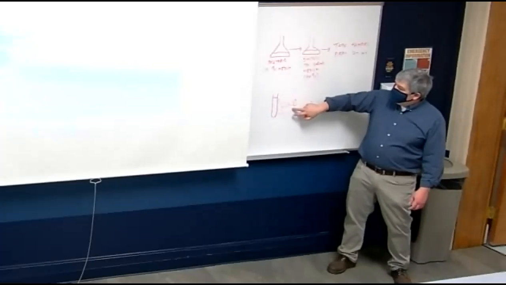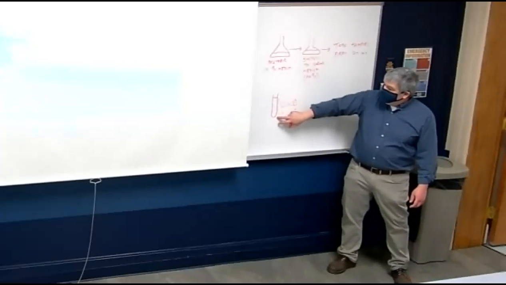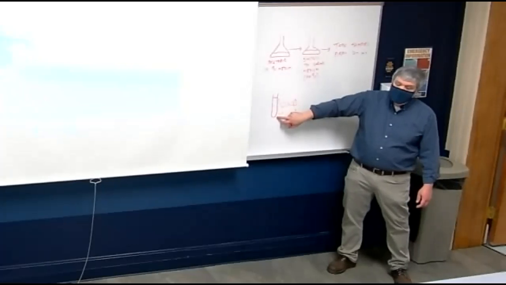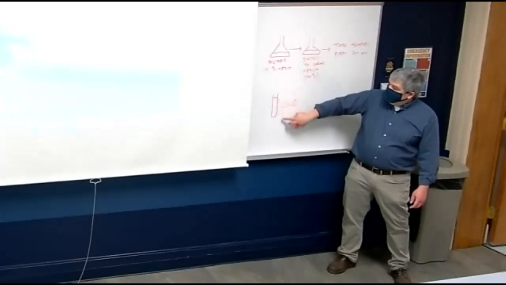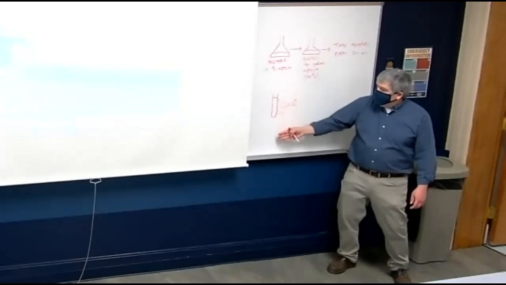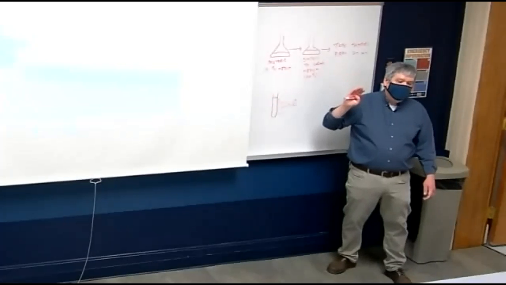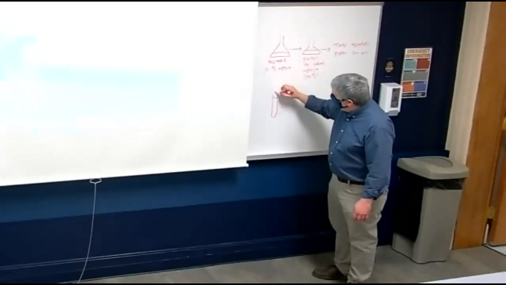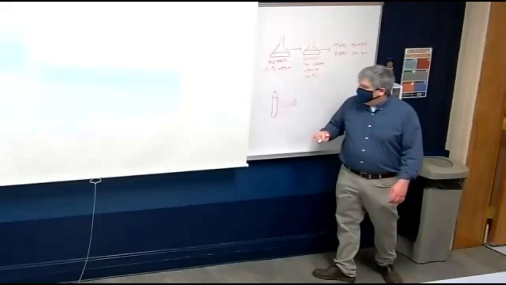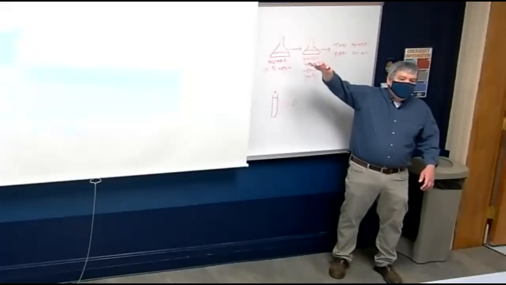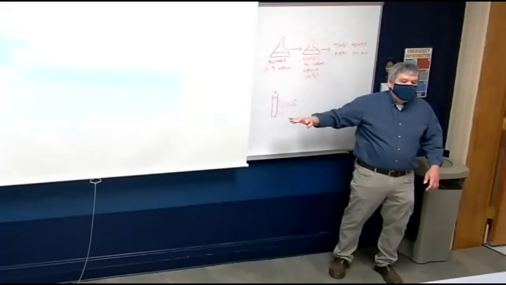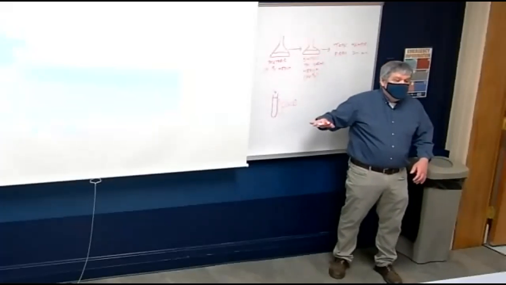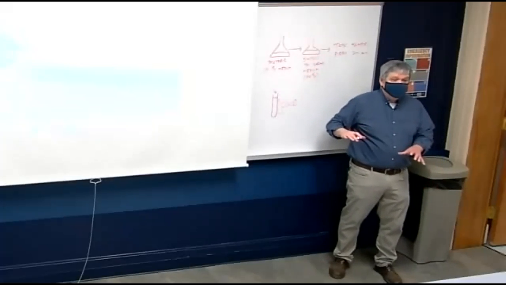So the concentration of cesium chloride is very high here, and it gets less and less, and the lowest concentration of cesium chloride is here. So we have the cesium chloride concentration gradient. When we apply the DNA samples to the top of the gradient, they're going to migrate down until they reach an area of the gradient that's the same density that they are.